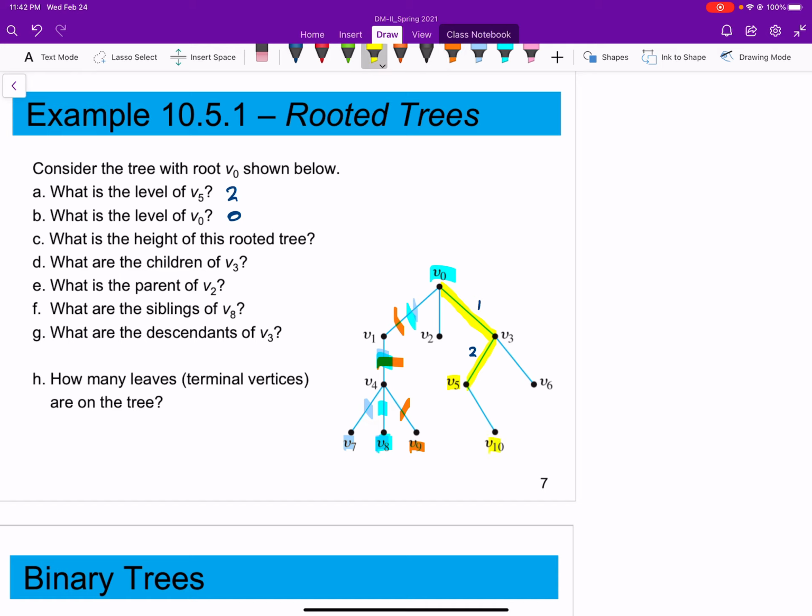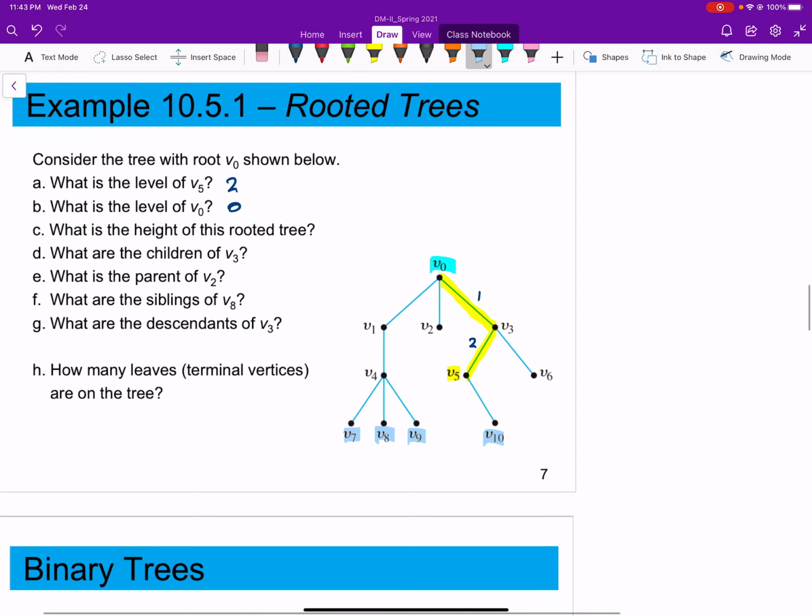Okay. There are a lot of vertices with level 3. So that is the maximum height of this tree. So the height of the tree is just the length of the largest level. You could say it is 4. You could choose anything you would like. This, that, or that.